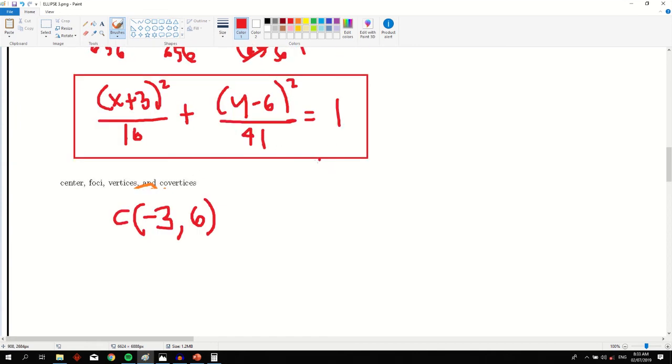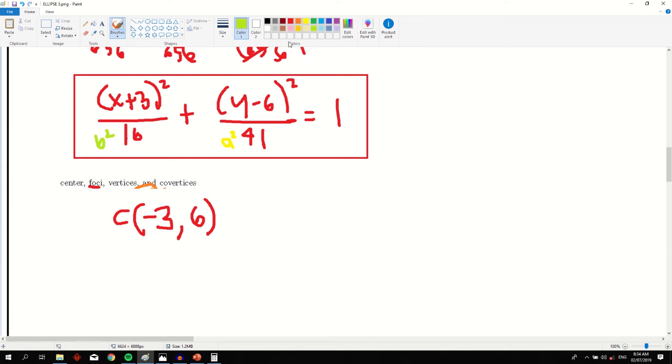Then next will be our foci. So we have our a square and the b square. We all know that a is the longer diameter, so what's bigger should be the a square, and this will be the b square.